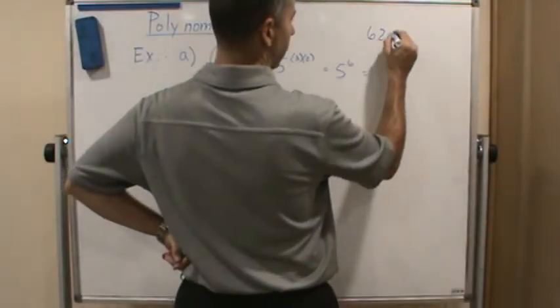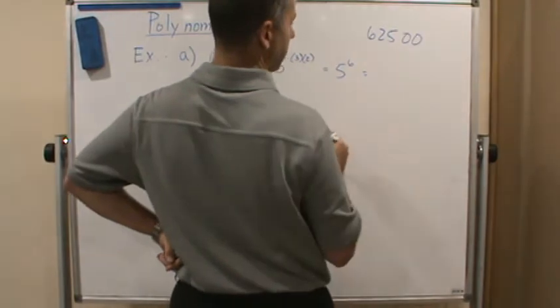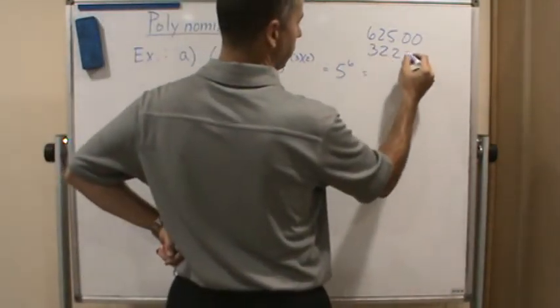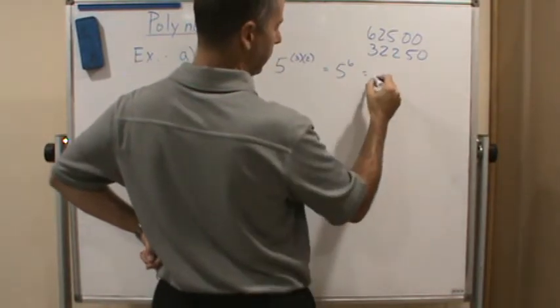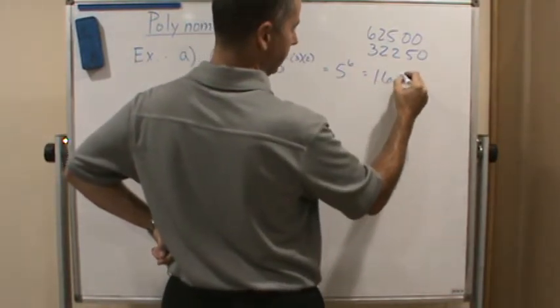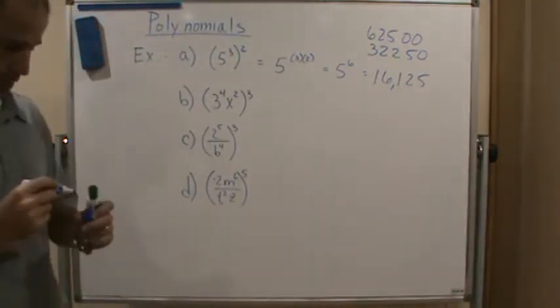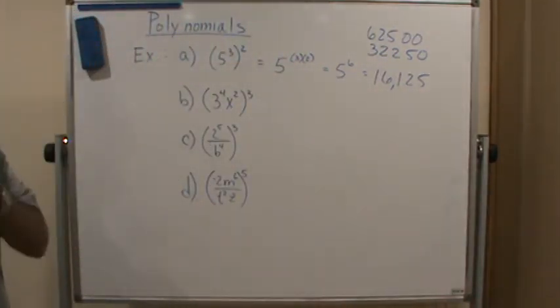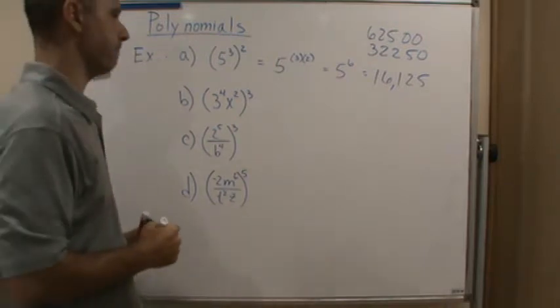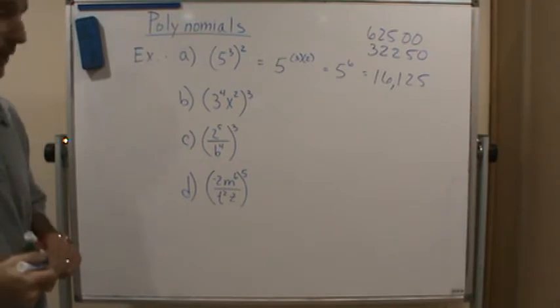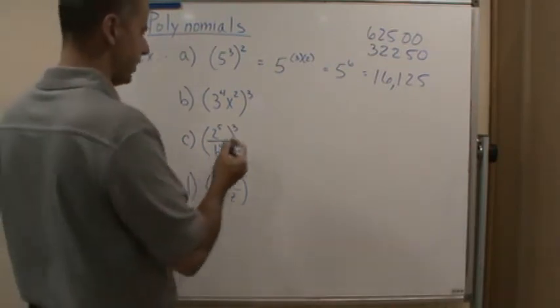So 625 times 100, divide that by 2 is 32,250, and divide that by 2 again is 16,125, and that's the answer. So 16,125, go ahead and check it if you don't think I'm right. Okay, little mental math there. Okay, so let's do the next one.